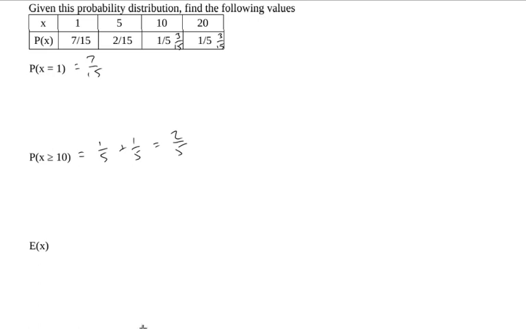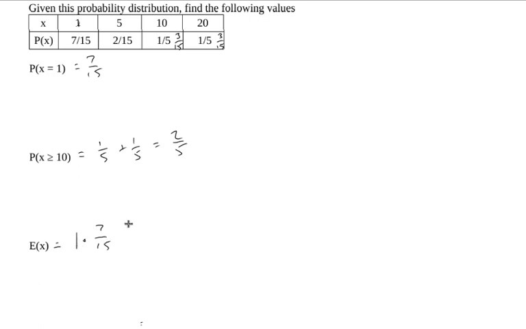Now, the expected value, this is if you were to take your wallet and pick a bill out and repeat this experiment several different times, which means you would have to be putting the bills back between each time sampling, and average together those values, that's what this expected value would end up being. To actually compute it, I'm going to go through and say, okay, this is my first outcome. It has a value, my random variable is 1, and it has a probability of 7/15ths.